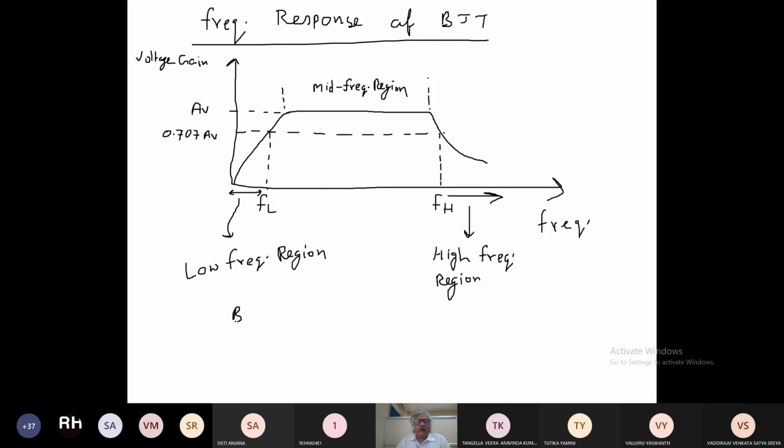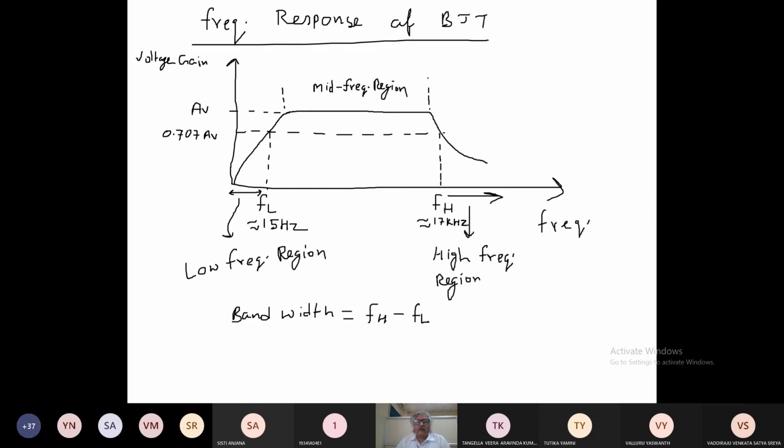Right? And bandwidth is equal to FH minus FL. This FL is approximately around 15 hertz, and this FH is approximately around 17 kilohertz.